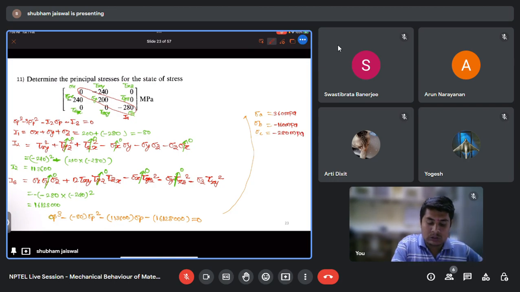Am I correct? Yogesh, Aarti, Arun, Mr. Banerjee, please cross check whether my values are correct or not.